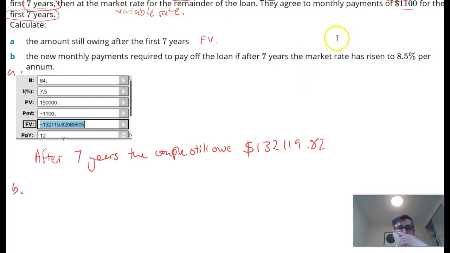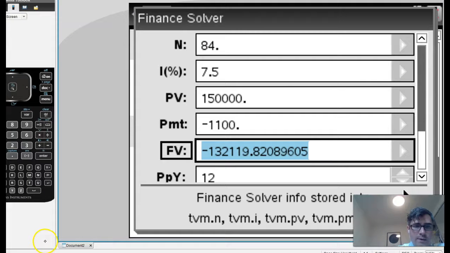The new monthly repayments required to pay off the loan after 7 years, if after 7 years the market rate has risen to 8.5% per annum. Presumably it stays like that for the remainder of the loan, which in reality it wouldn't, but we're going to just do it as if for the rest of the loan it stays 8.5. So what we have to do is cut and paste this.